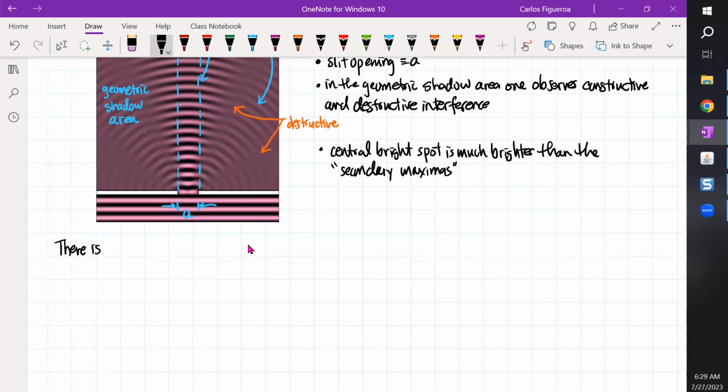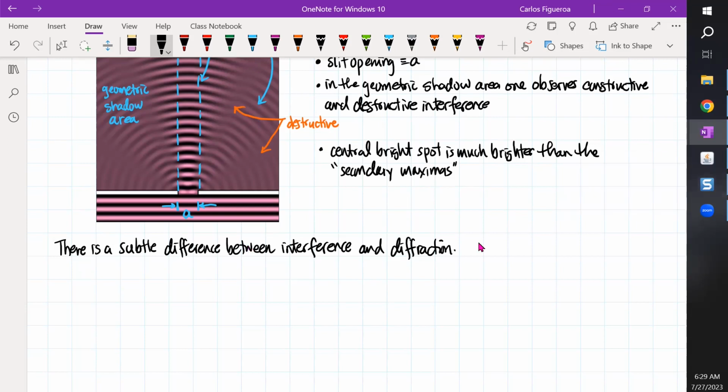There is a subtle difference between interference and diffraction. Okay, and this is a good way to define interference and diffraction.